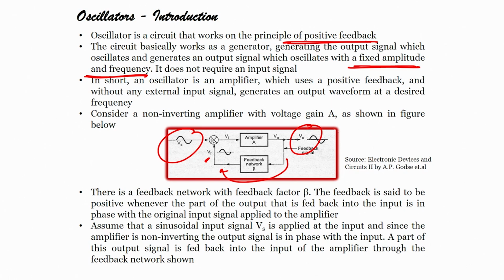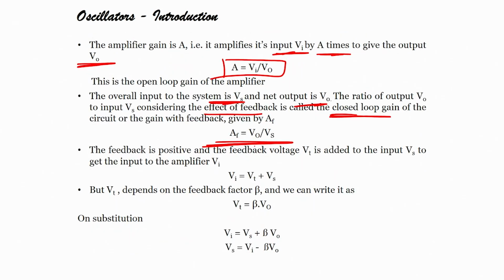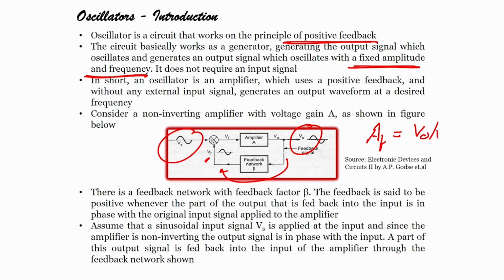Now it is a closed loop amplifier, because we have closed the loop, and here we can have gain AF equals Vo by Vs. Okay, this is also okay.